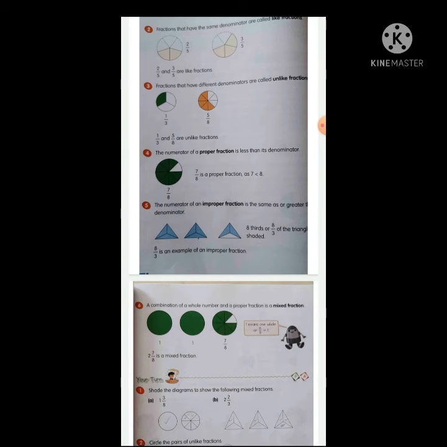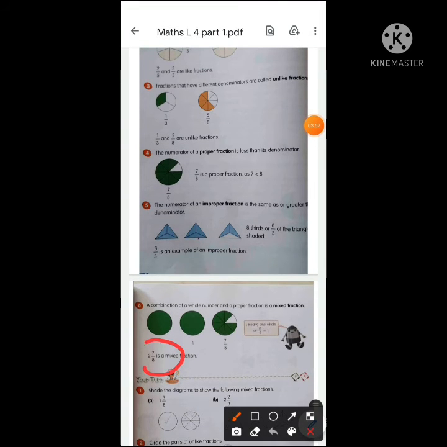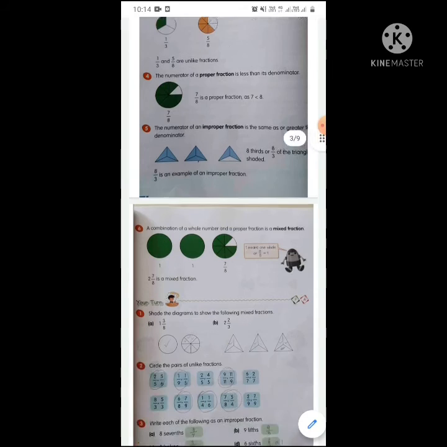You can see here, if a number is written as 2 7 upon 8, or 2 1 upon 8, or 3, any such number is given, then this is known as a mixed fraction.